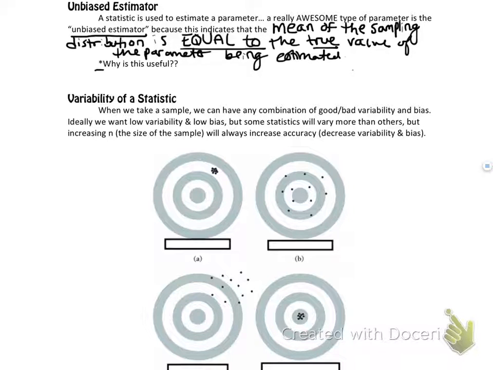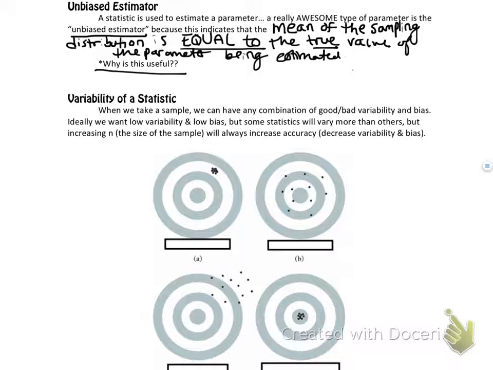I would hope that why this is useful is kind of obvious. If we can get an approximate sampling distribution and we know that the statistic is an unbiased estimator, then we can get really, really close to accurately finding the true value of the parameter.